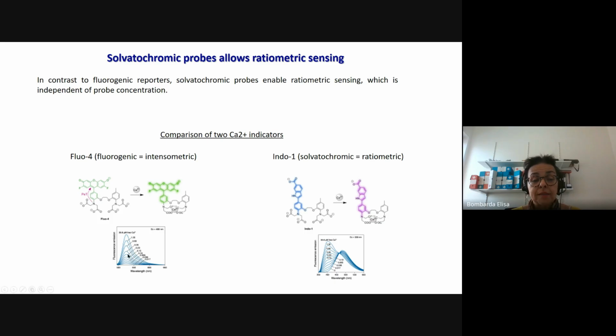You want to separate the effect. You are interested in the increase of fluorescence due to the calcium binding and not due to a change in concentration of your probe. This problem you don't have here, because the shift in the wavelength is the same independently of how much probe you have inside.